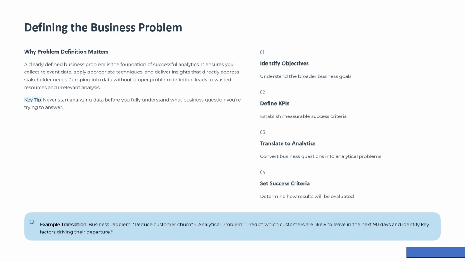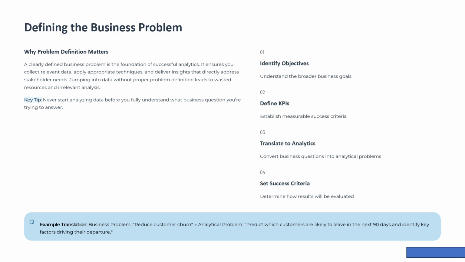Defining a business problem. Before touching the data, always clearly define the business problem. If you don't know the question you are answering, you might waste time with the wrong data and models. First, identify objectives, understand the big business goal. Second, define KPIs. Set how you will measure success, like churn rate, profit margin, etc. Third, translate the business question into a clear analytical problem.